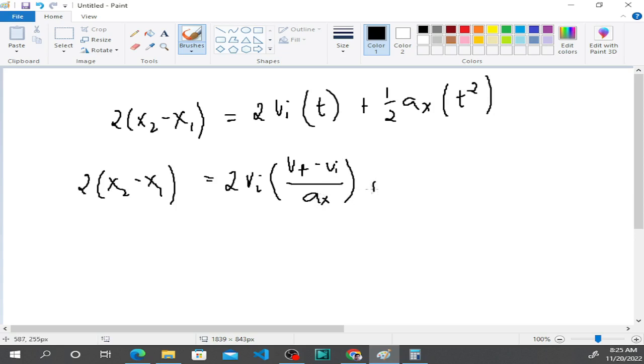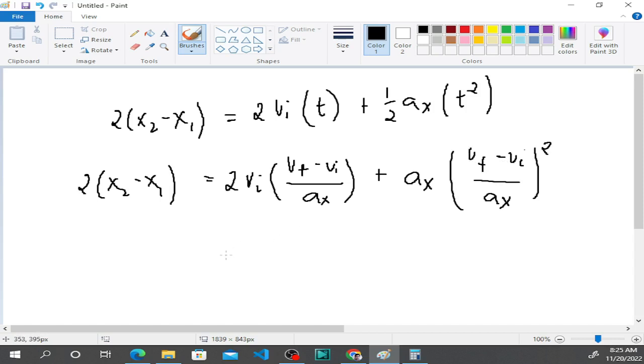Alright, so plus we add a sub x, and then vf minus v sub i all over ax, then raise that to the power of 2. So you treat the exponent first. We are going to expand this term and then proceed with the quotient.